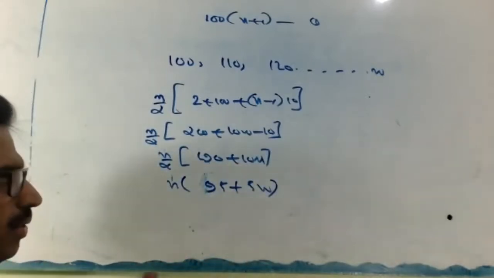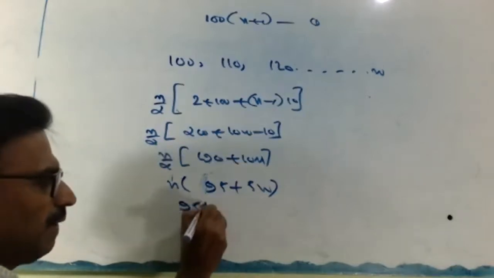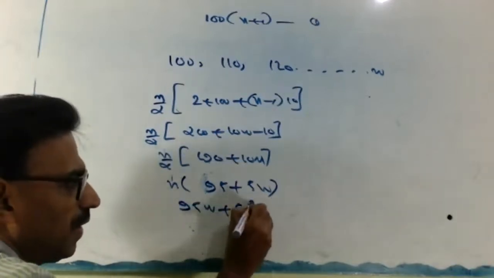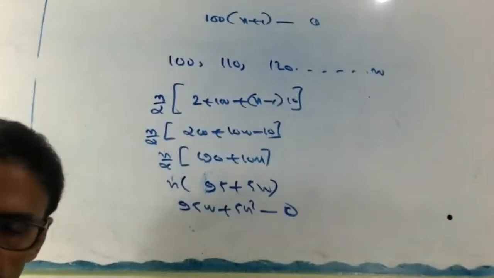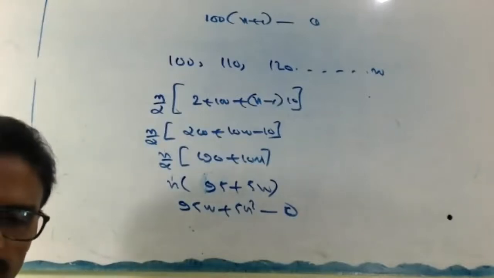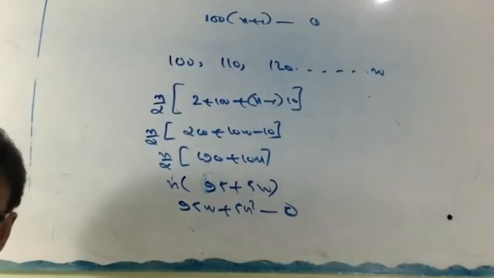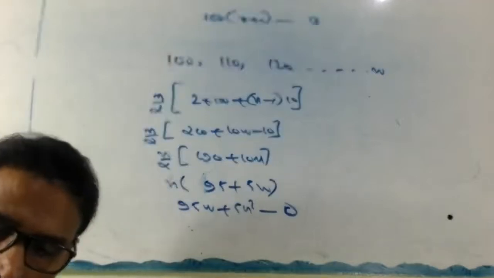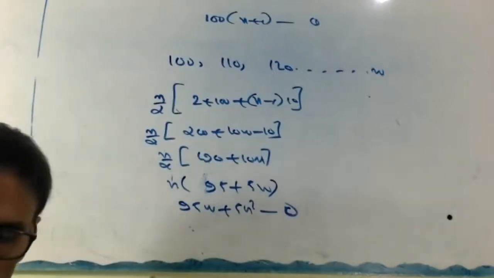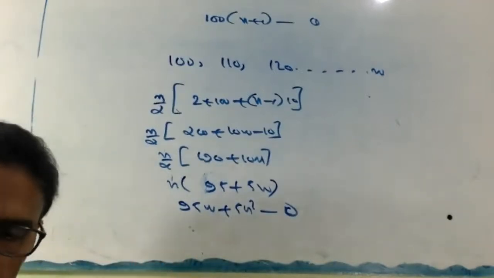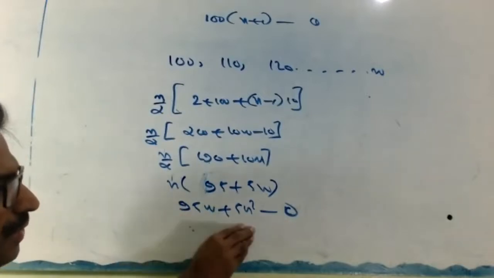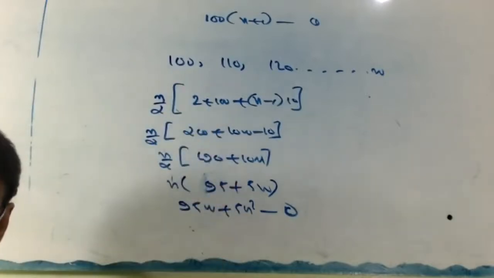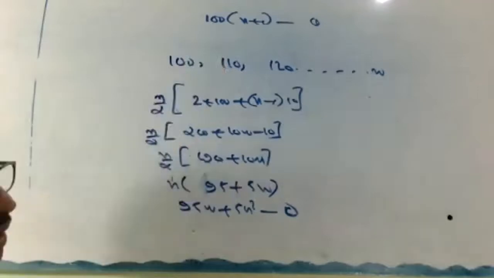So that means 95n plus 5n square. This is number 2. The distance traveled by the police is 95n plus 5n square. It's an AP. Now both should be equal.